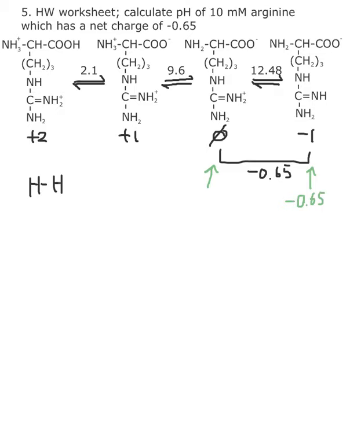So the last structure refers to B, and the neutral form here refers to A. Because A and B are required to plug into the Henderson-Hasselbalch equation, you need to know which structure is the acid and which structure is the base.